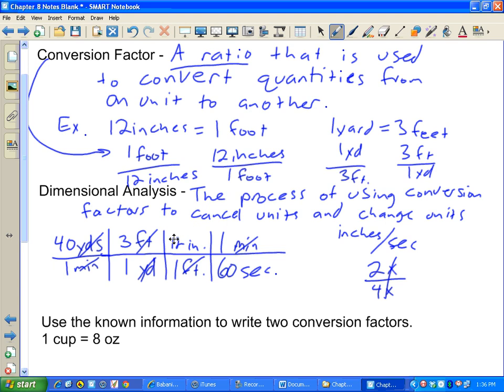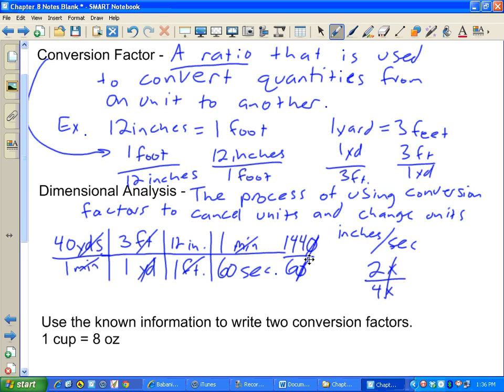40 times 3 times 12. Okay, and that would be 1440. Yep. Over 60. And I can reduce this.